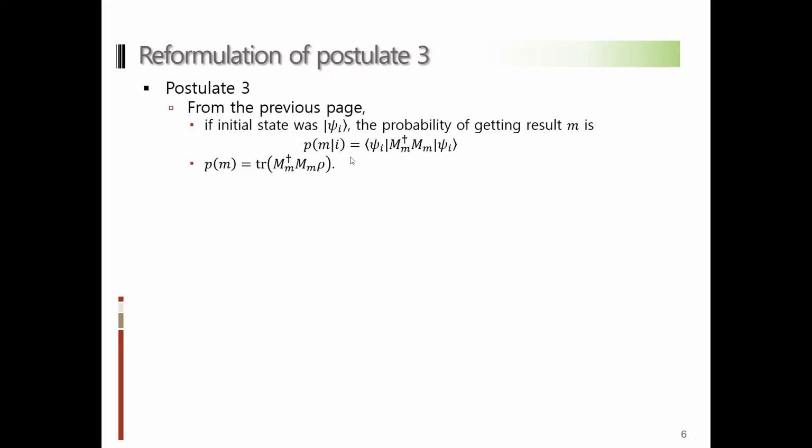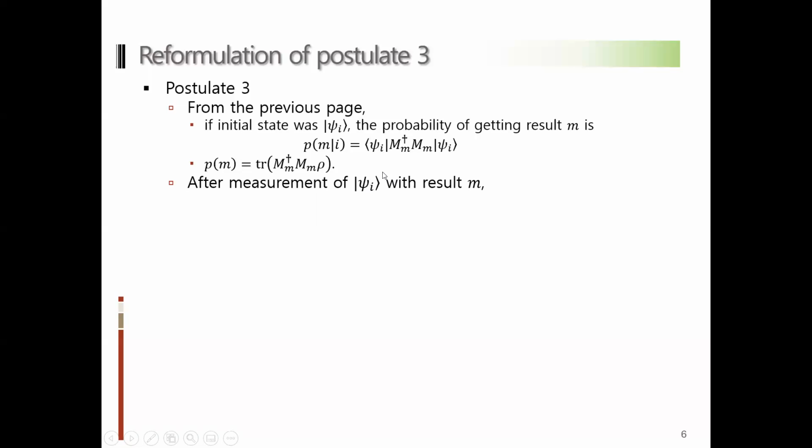But when we are considering the resulting quantum state after measuring some value of M, we also have to consider different pure states. So let's first consider the pure state. Our given quantum state might be different psi of i: psi of 1, psi of 2, psi of 3 with different probabilities p sub 1, 2, 3.